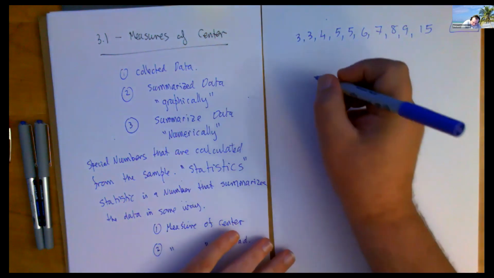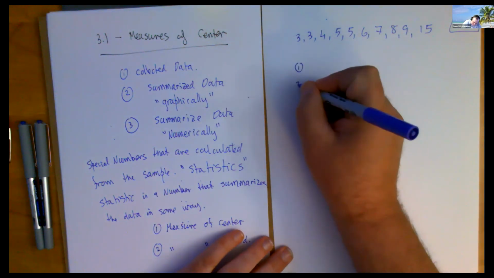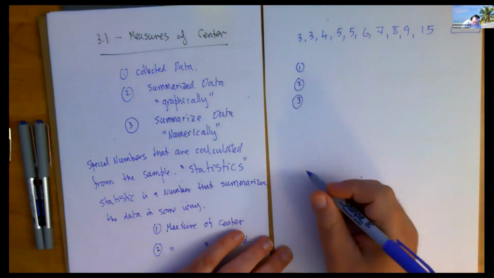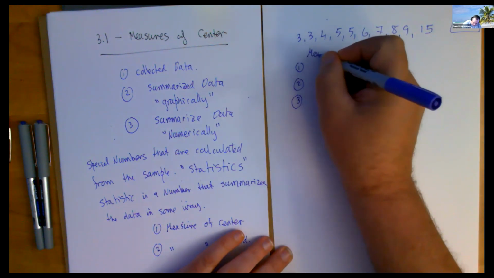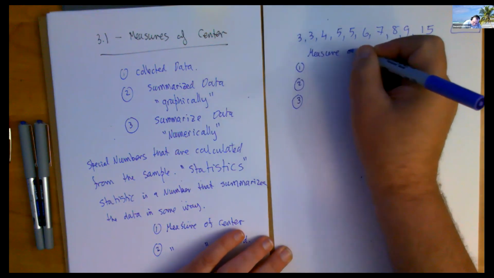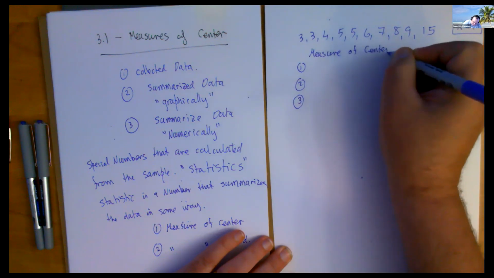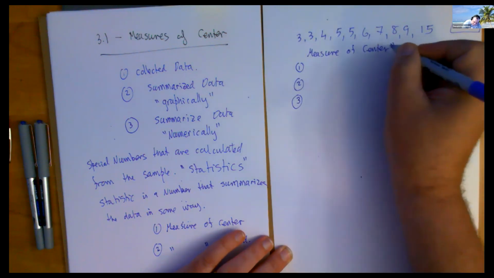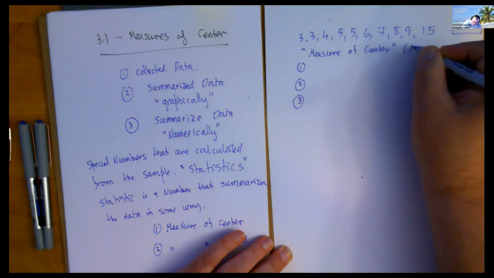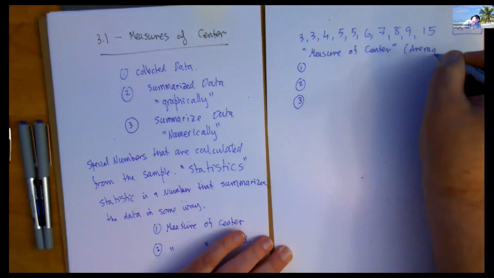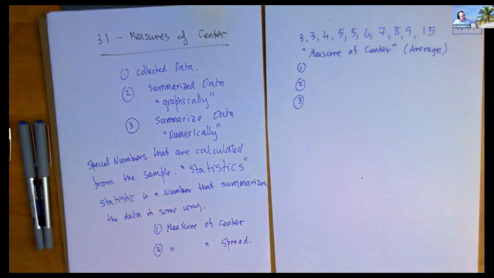There are 3 versions of the measure of center. We know this fancy term by another name. I'm sure you've all heard the word average. That's really what the measure of center is. It's an average, a typical number, the middle kind of number in a set of data.